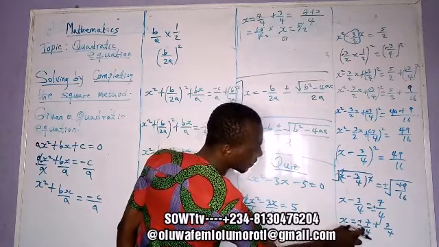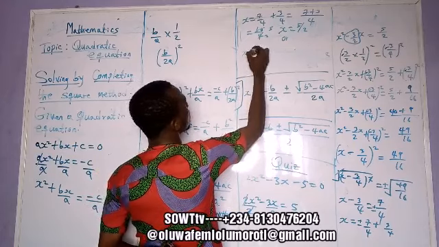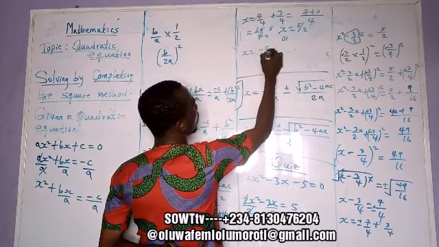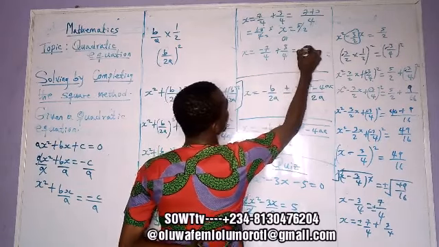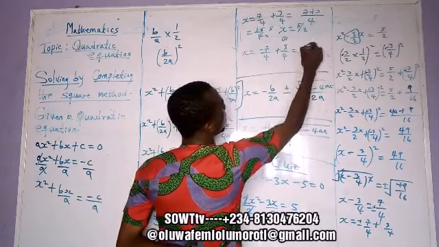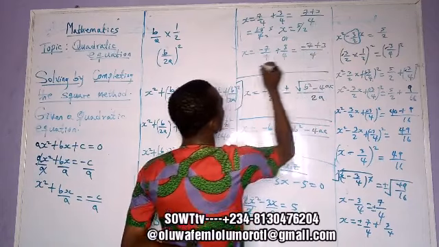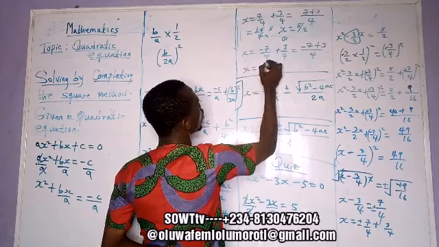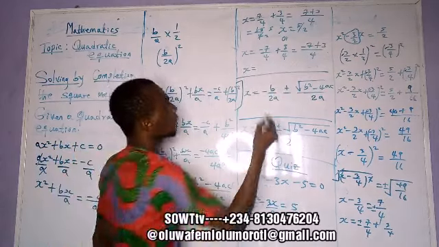Or if you now use the negative sign, because I said it can be positive or negative, you see now what? X equal to minus 7 over 4 plus 3 over 4. The LCM will be what? 4. That is minus 7 plus 3. So x will be equal to minus 7 plus 3 is what? Is minus 4.